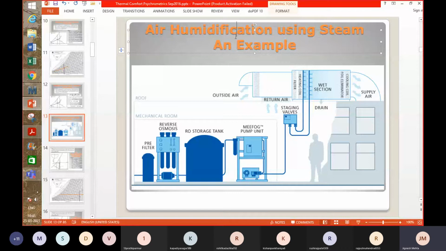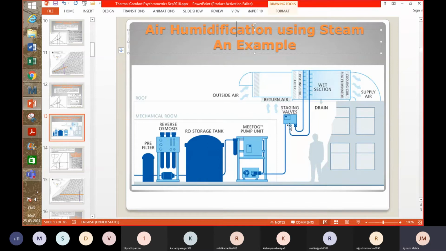And why this type of process may be needed: one reason could be winter air conditioning. In winter, the outside conditions could be very dry. So you want to increase the humidity in the conditioned space, and for that you might inject water vapor or steam into the duct which is carrying the supply air. That is what has been shown here. You may focus mainly upon this part, and this is actually nothing but an RO unit.